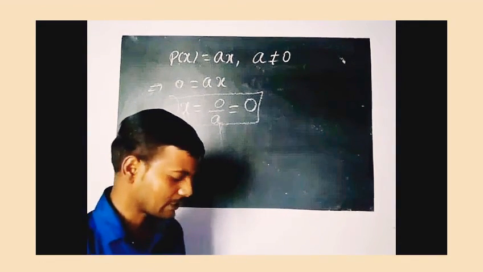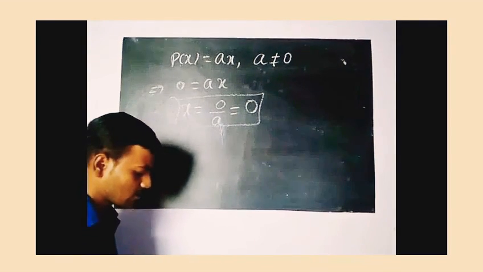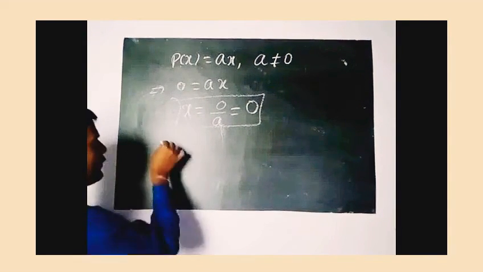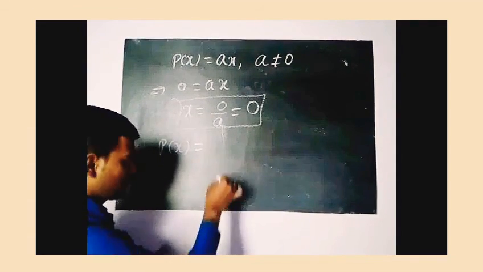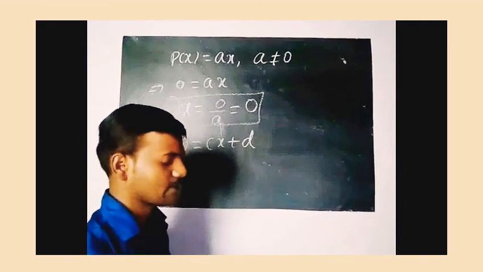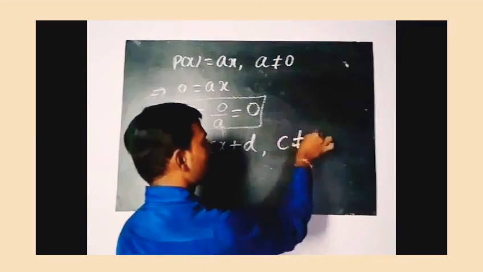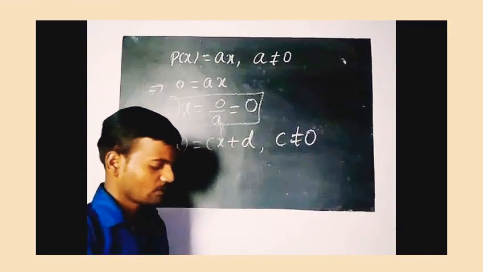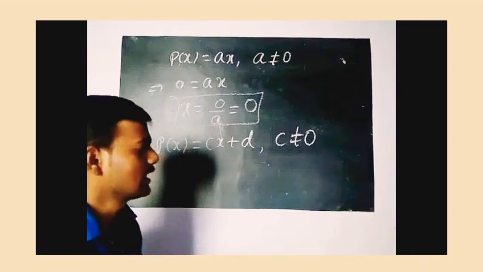Next, let me have one more example to find the zeros of the polynomial. P of x is equal to cx plus d, where c is not equal to 0, and c and d are any real numbers.